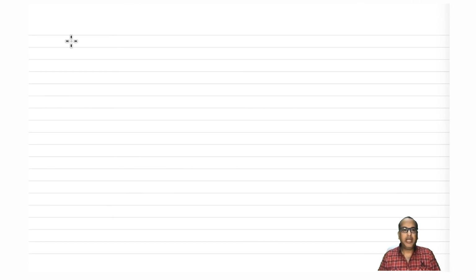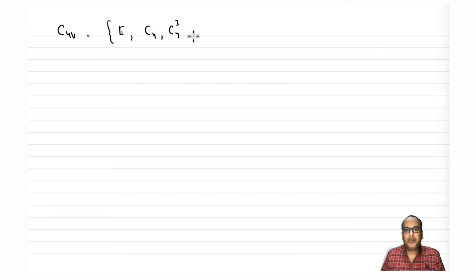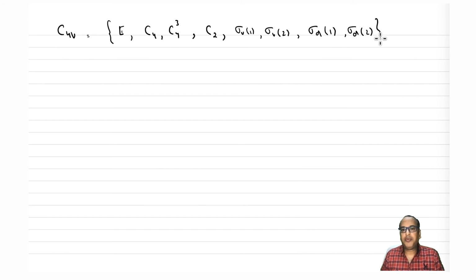Let us quickly look at some group which will have some classes. So let's look at C4v. The operations are E, C4, C4 cube, then you have C2, then you have sigma v1, sigma v2, sigma d1, sigma d2. Now to identify the class elements in this C4v example, you can take anything like square pyramidal.